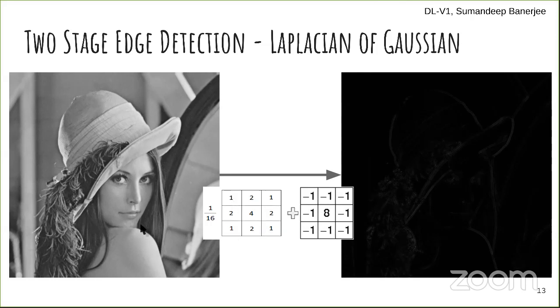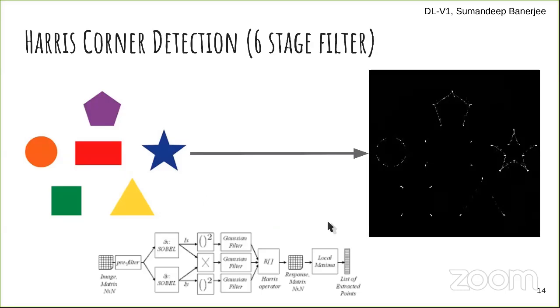If we process this input image via two stages, like first we apply the Laplacian filter and then we apply the Gaussian filter, we end up with edges within the image. The contrast of the output is not so good, but if you look, you can see the edges of the image have been highlighted. So a two-stage filter is able to give a different kind of intuition into the content of the image.